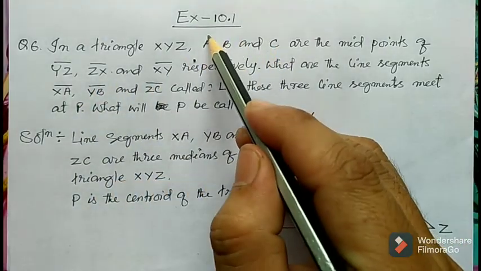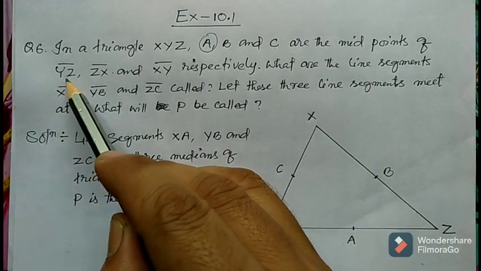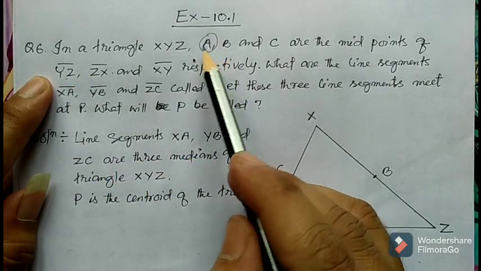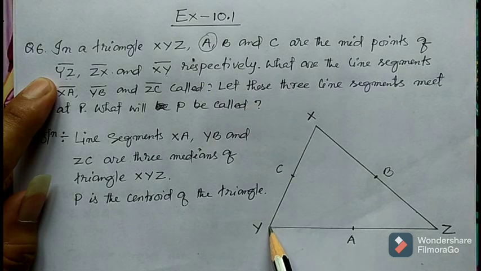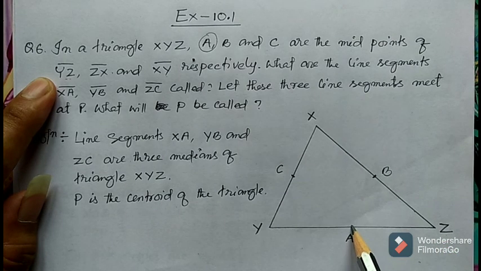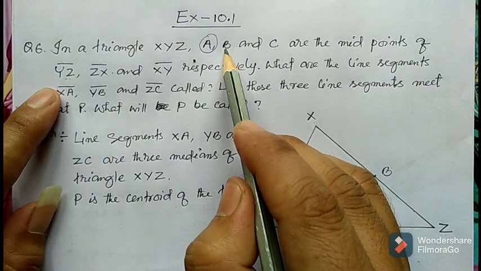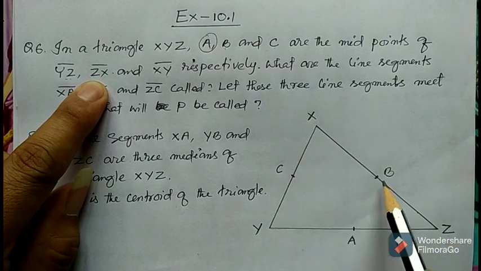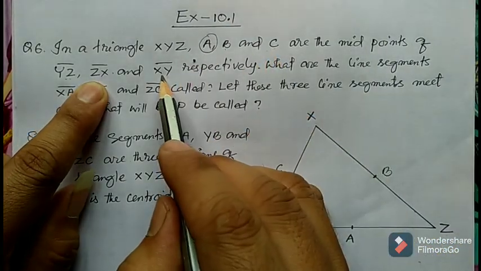The first midpoint is A, and the first given side is YZ. So the meaning of respectively is A is the midpoint of the first side YZ. Like that, the second midpoint given is B, so the second line segment is ZX. So for ZX, the middle point is B, and like that, C is the middle point of XY.